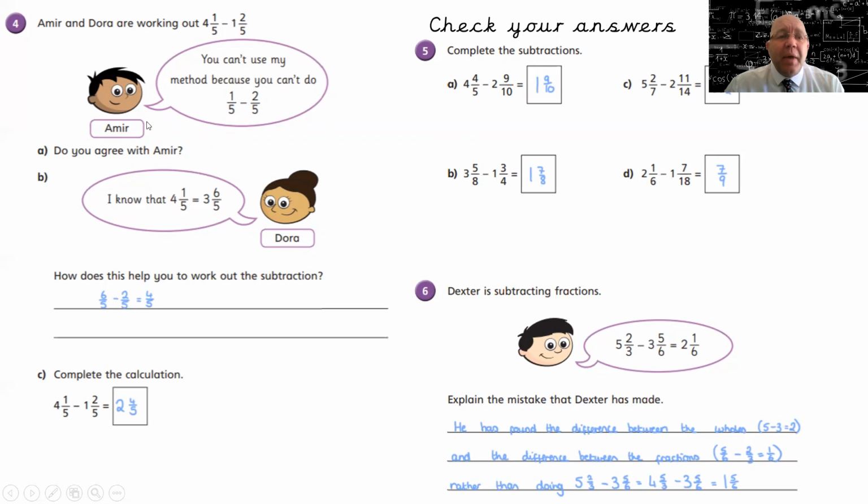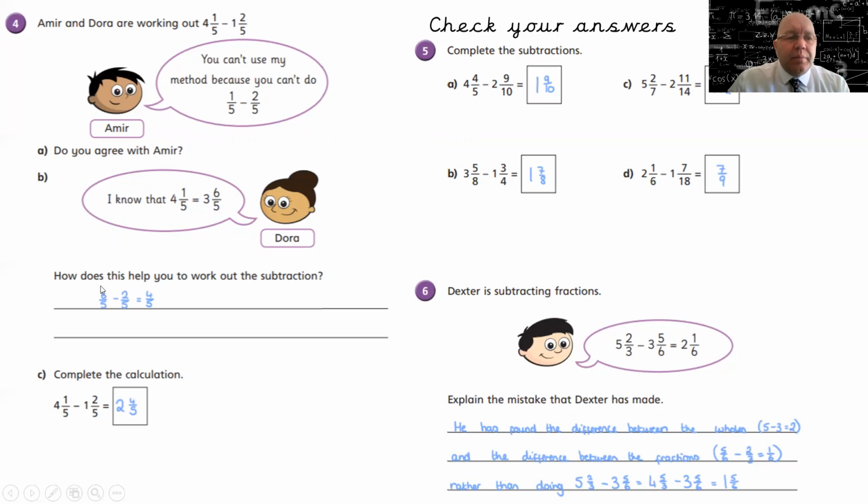Well, basically, Amir can't do it his method unless he uses this bit of information that Dora's created. Okay, 4 1/5 is the same as 3 6/5 because she's stolen 1 from the whole numbers and turned it into 5/5 and then added it to the fraction. So now you can do the calculation.